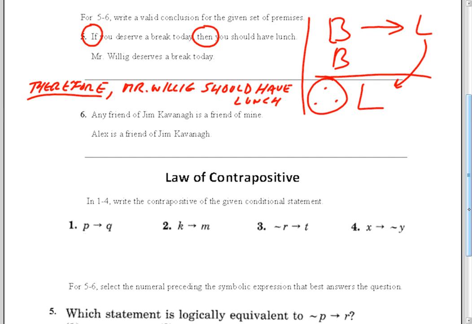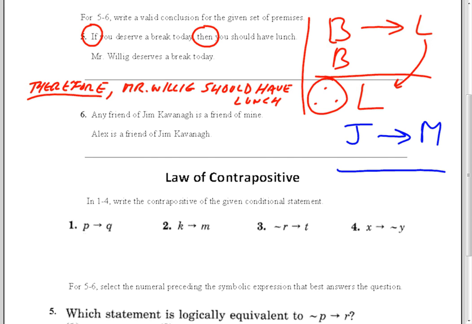Sometimes you don't see an exact if-then statement. It's still a conditional statement, it just doesn't have the words if and then in it. If someone is a friend of Jim Kavanaugh, then that person is a friend of mine. If you think of it that way, I'm going to convert it again. I would write it this way. Any friend of Jim implies a friend of mine.